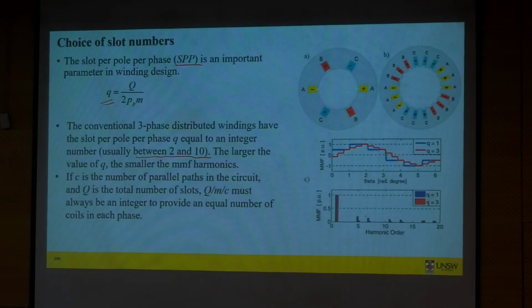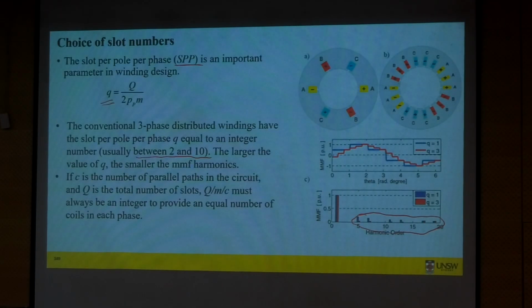The blue one has larger higher-order harmonics, and these harmonics give you the torque ripple. So Q is an important parameter, which actually decides what your number of slots in the machine should be.